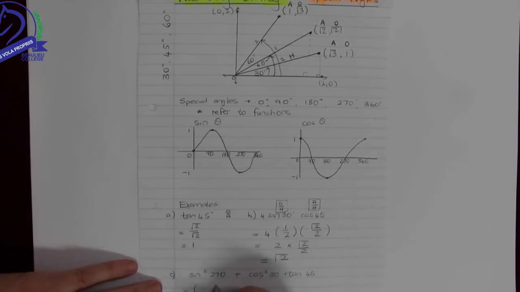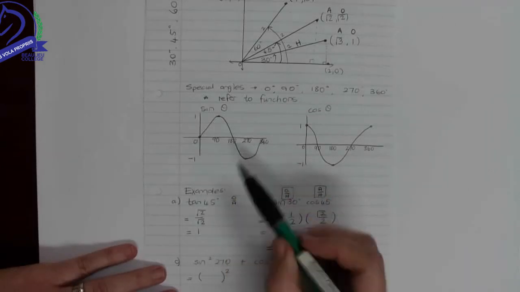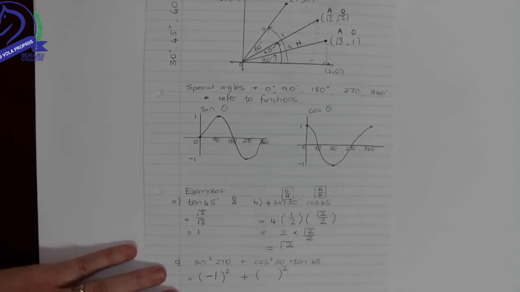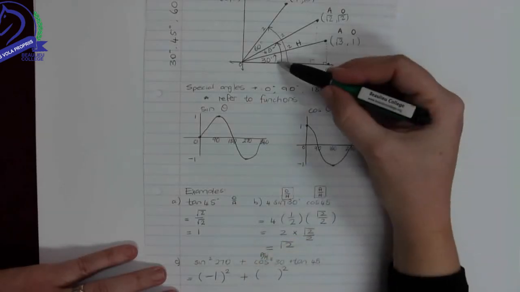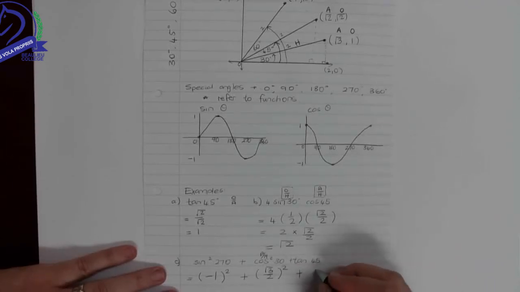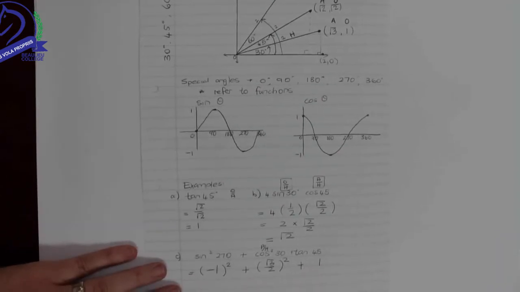Now what happens if I have sine squared 270? That means whatever I have for sine 270 must be squared. So sine 270 is negative 1, squared, plus whatever I have for cos 30 must be squared. So cos is A over H. So at 30, square root 3 over 2 must be squared, plus tan 45 is O over A, or we know by now it's equal to 1.